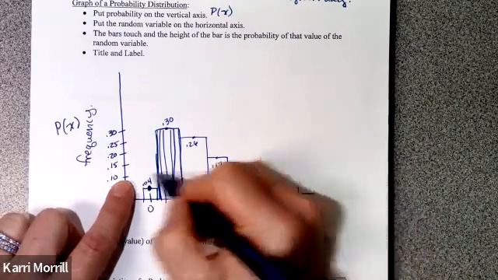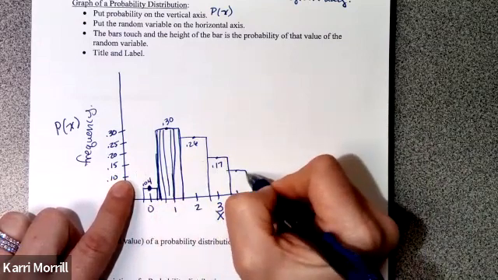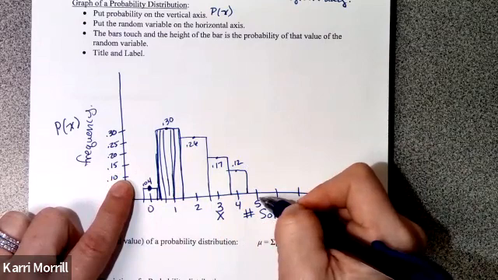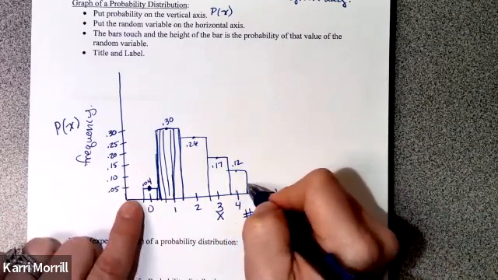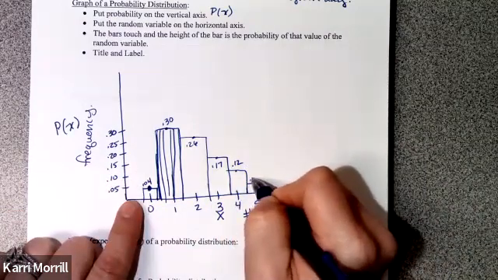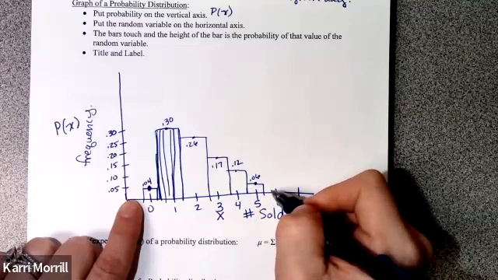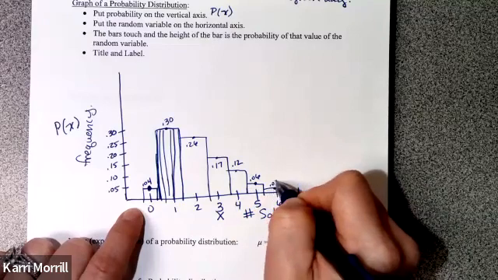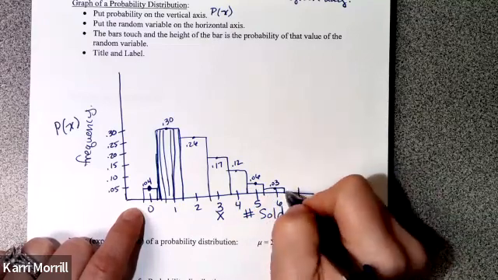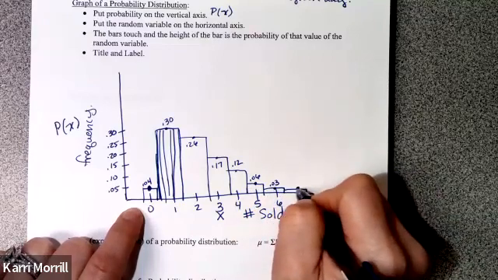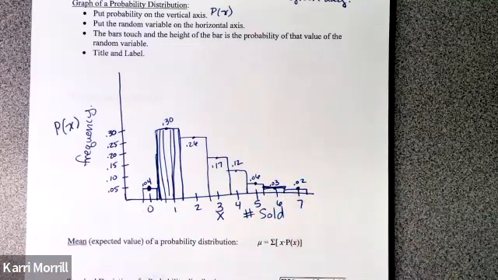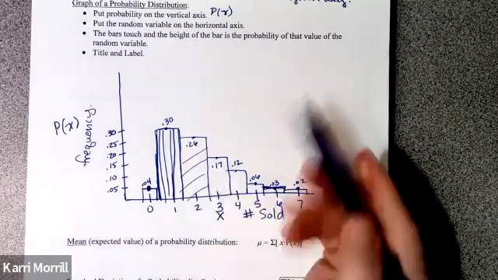So it's going to be a little bit in here. 5, 0.06, so just above 5. And 6, 0.03. And 7, 0.02, even smaller. There you have it. So we just make a graph.